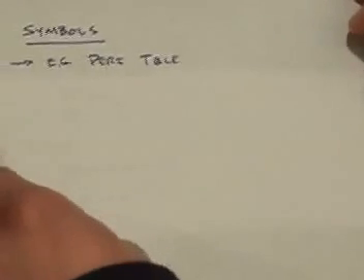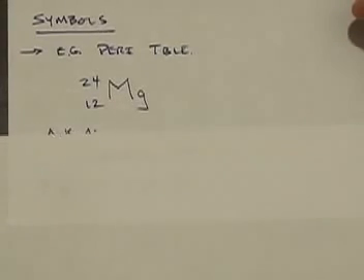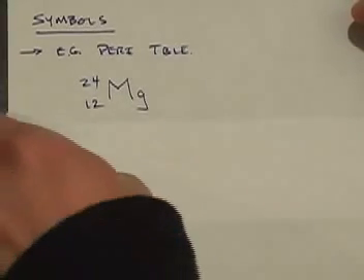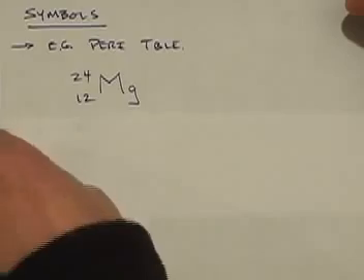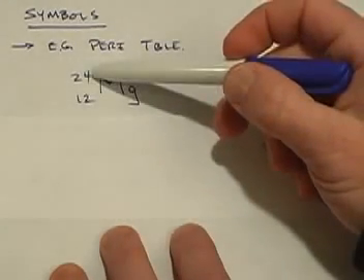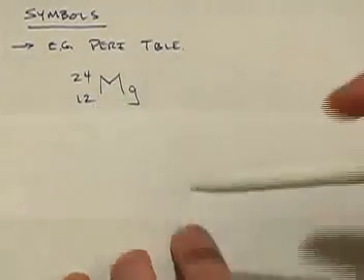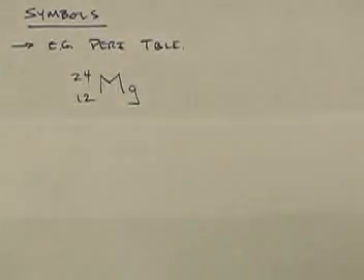A symbol of an atom or of an element is given in its complete form when it describes the number of protons and the number of neutrons in the element. For example, the element magnesium, with a 24 up above it in the upper left-hand corner as a superscript and the number 12 in the lower left-hand corner as a subscript.